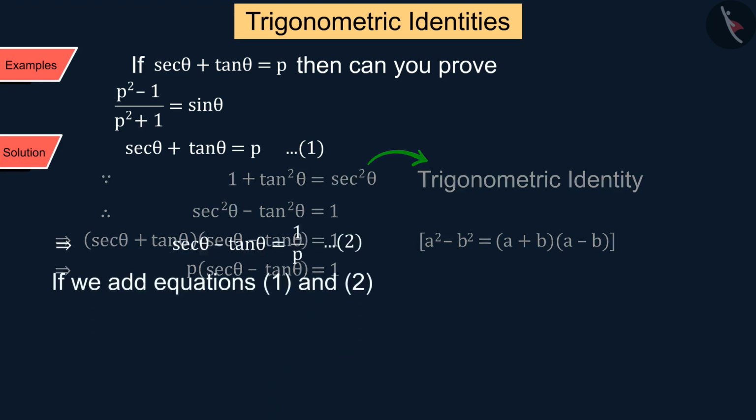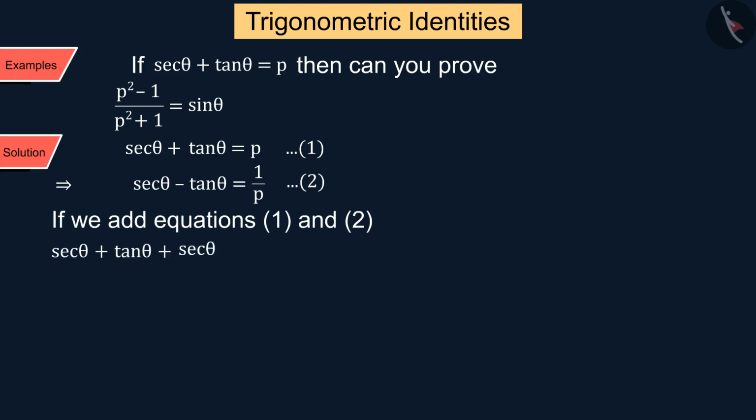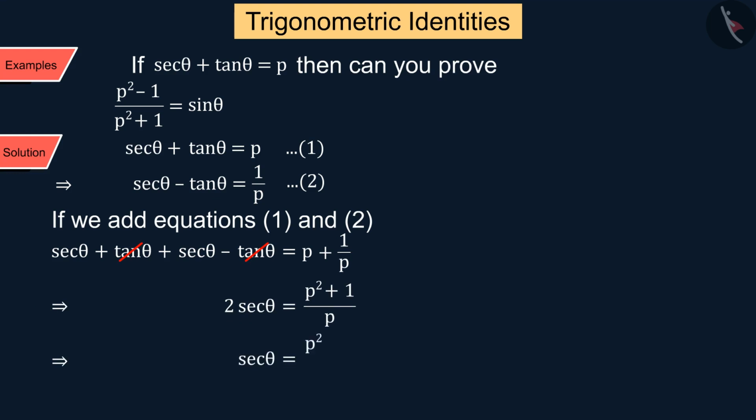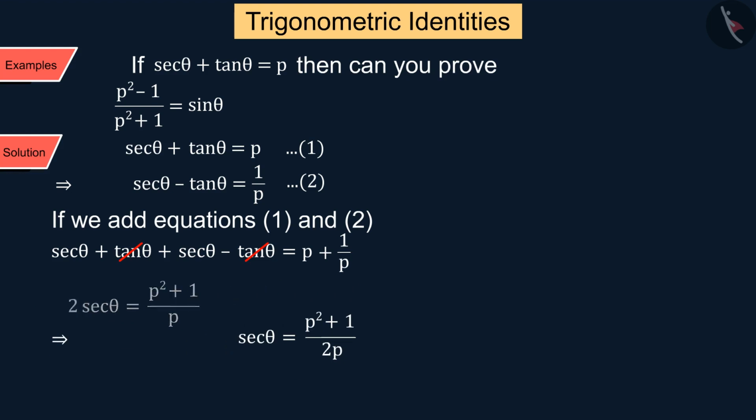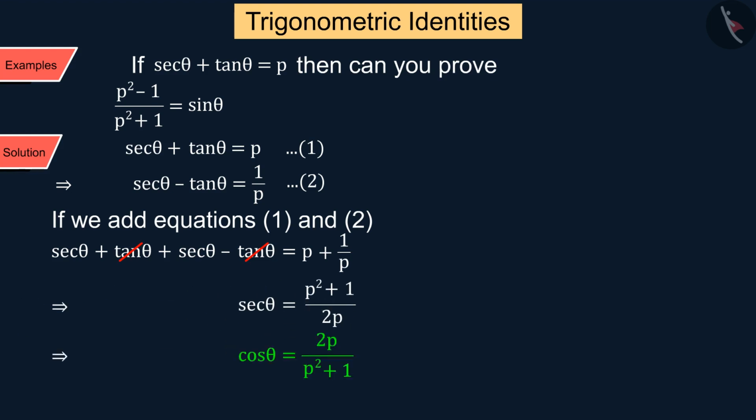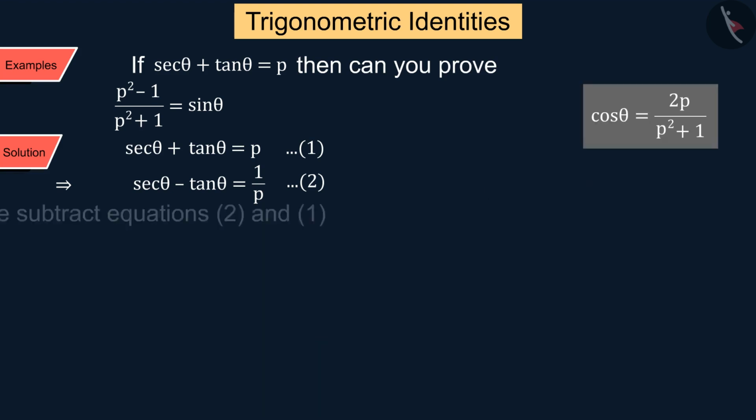Now, if we add equations 1 and 2, we get sec theta is equal to p square plus 1 upon 2p, which we can also write in this way, since we know that cos theta equals 1 upon sec theta.